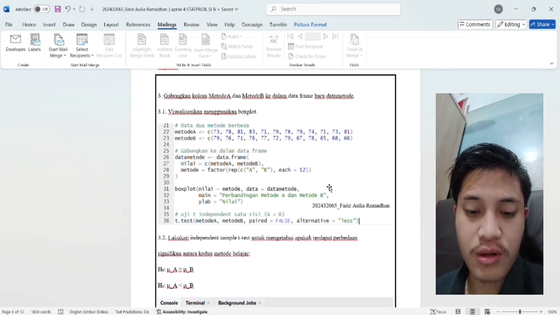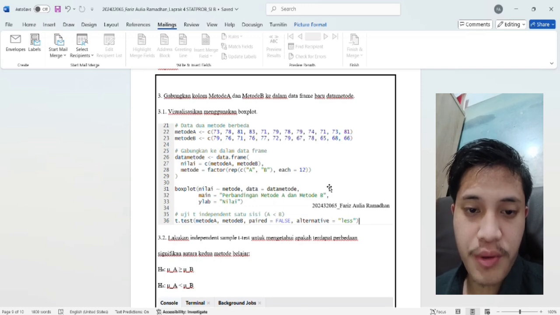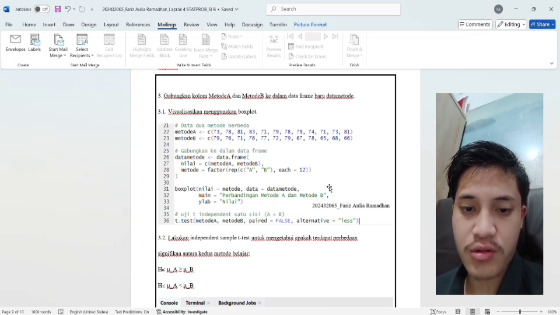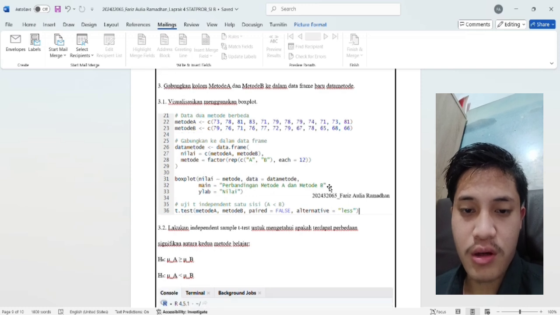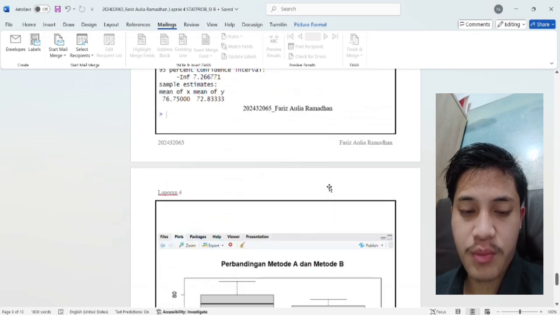Method A, method B, two value factors being compared. Paired equals false indicates the data for method A and B are not paired, they are independent.